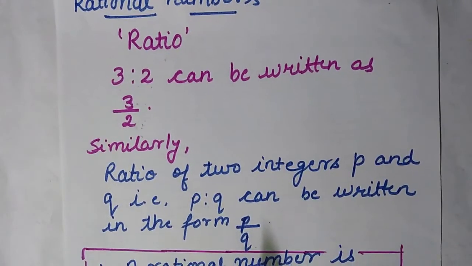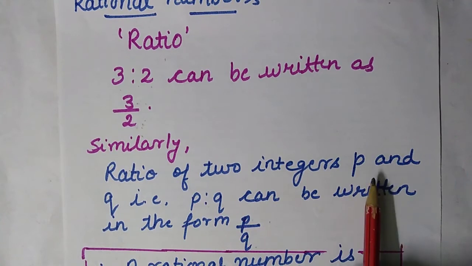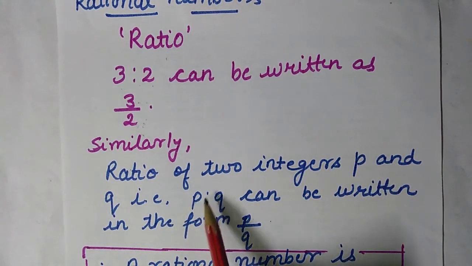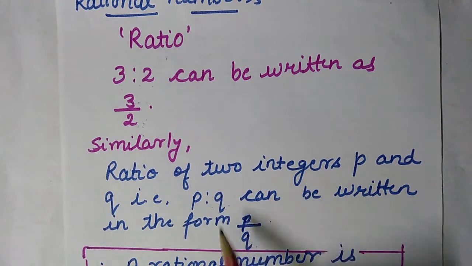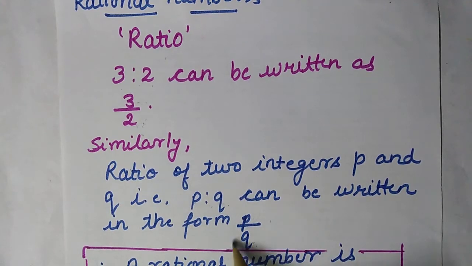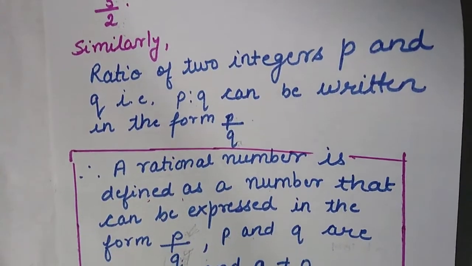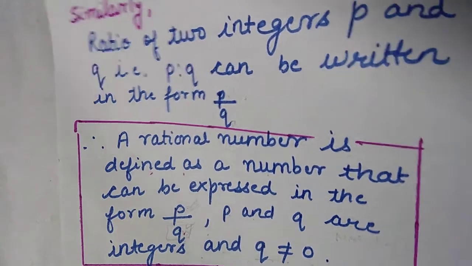Similarly, the ratio of two integers P and Q can be written in the form P/Q, where P is the numerator and Q is the denominator, and both P and Q are integers.